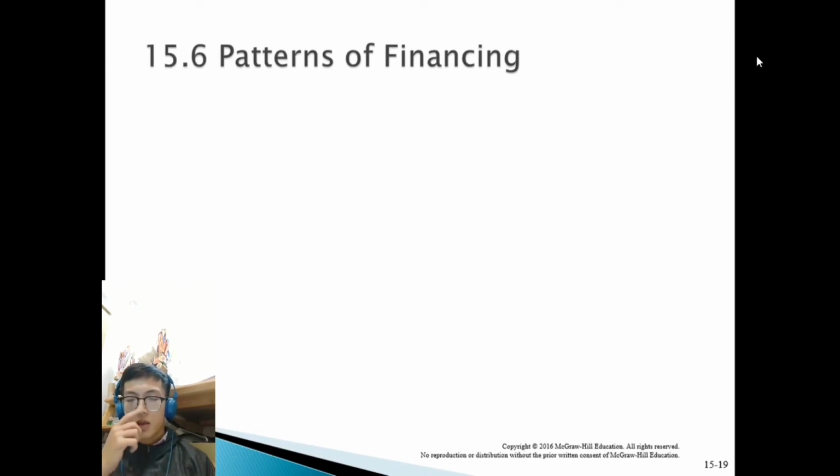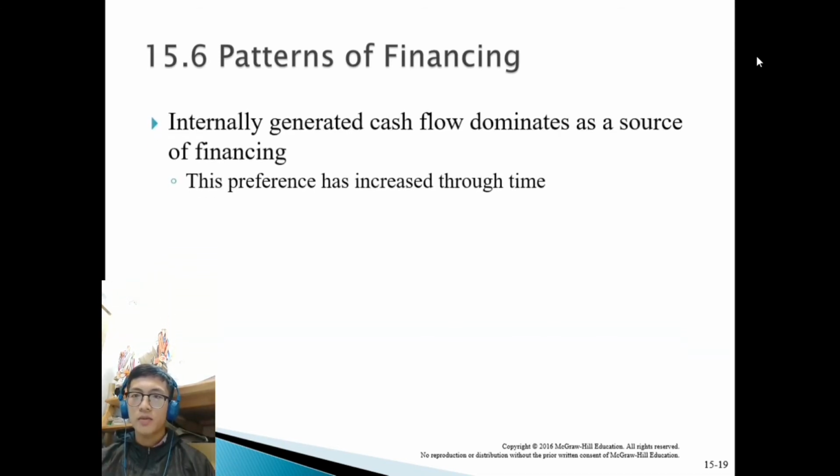Okay, next we will go to the patterns of financing. The previous section of this chapter discussed some institutional detail related to long-term financing, and now we consider the relationship between long-term financing and investment. As we have seen in earlier chapters, firms want to spend on capital projects with positive NPV, net present value.